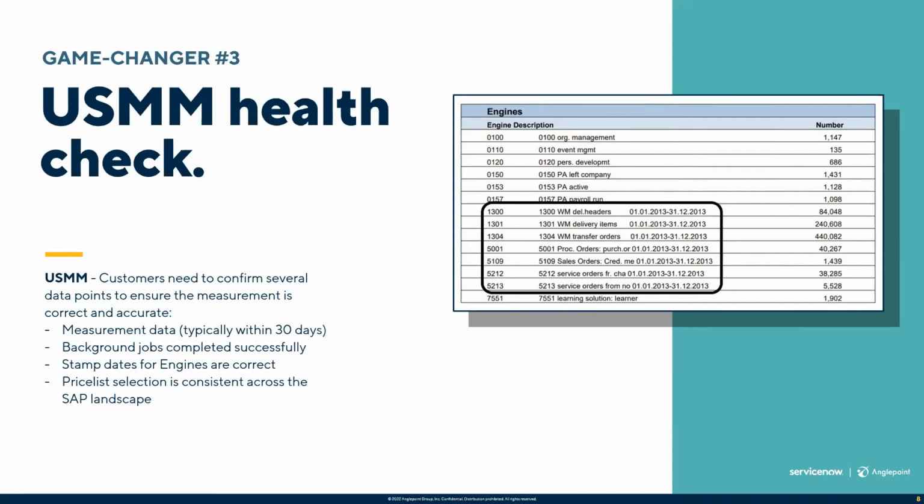So that can cause issues when you finally consolidate it within the LAW, where SAP may count multiple times, or there may be some incongruencies around how the users should consolidate in the hierarchy of the license types. So make sure that those price lists are selected across the landscape. That will help with the overall health of your USMM report, being accurate and complete, and making sure that you're going to be able to identify truly how many licenses are being consumed over your SAP landscape.